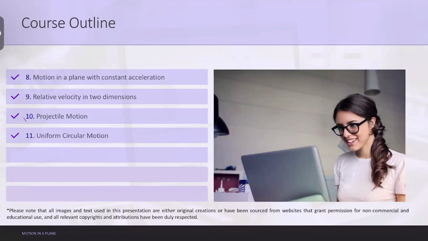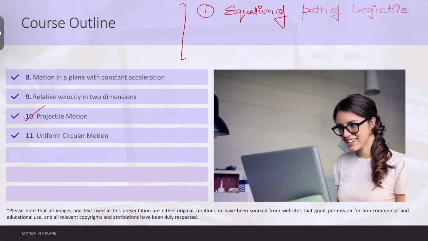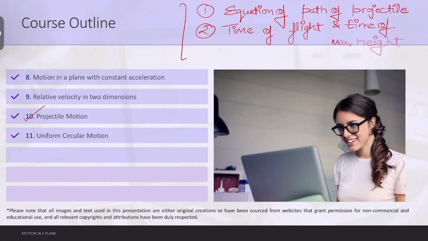So right now we started with projectile motion in the previous lecture, in which we first understood the equation of path of projectile. Then we understood the time of flight, and the time of maximum height, and then the maximum height.